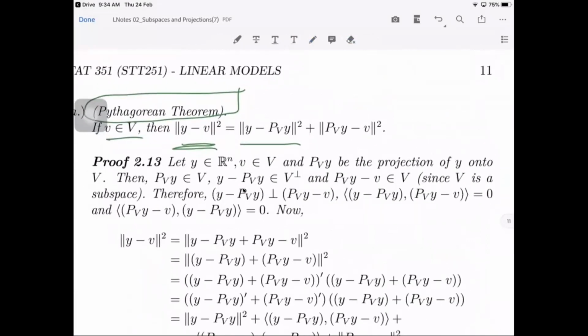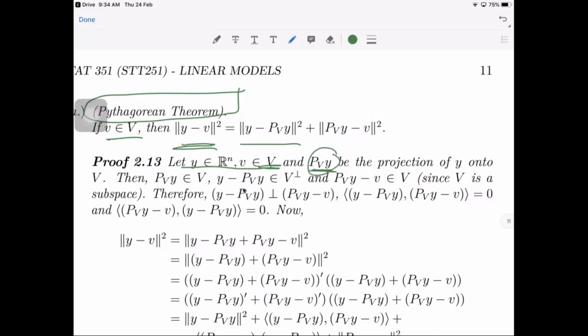Usual assumption, you have y, an n by 1 vector. You let a vector be in V and this notation as your projection of y onto V. So, pareha sila.